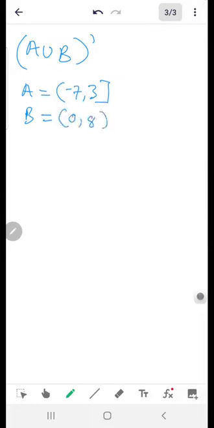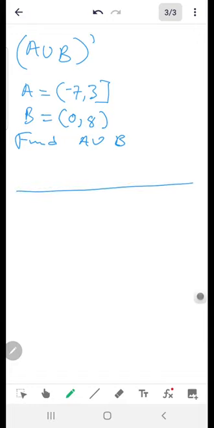To work out this one, we need to find set A union B first. How do you find A union B? This is how you do it.